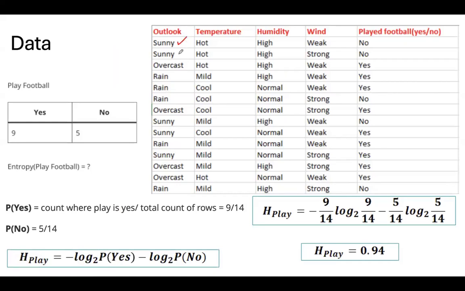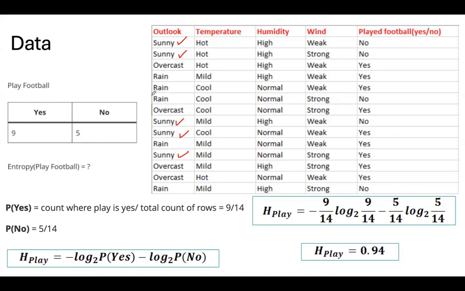So you have got these 4 rows, 5 rows. So you only take this subtable for which outlook is sunny, because we are talking about the left branch for which you know that the outlook is sunny.